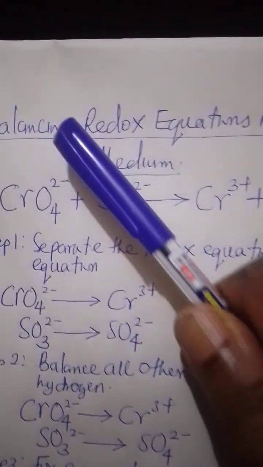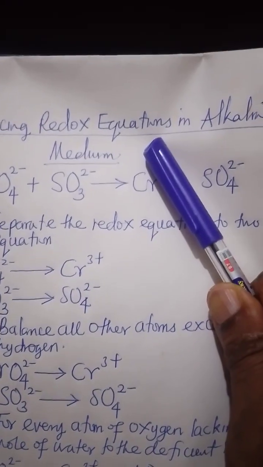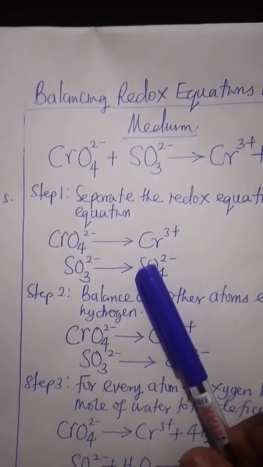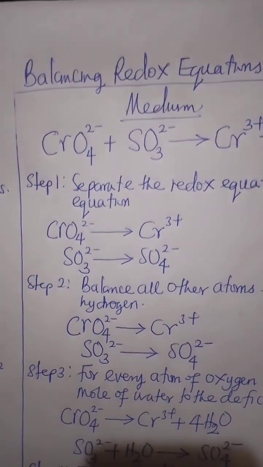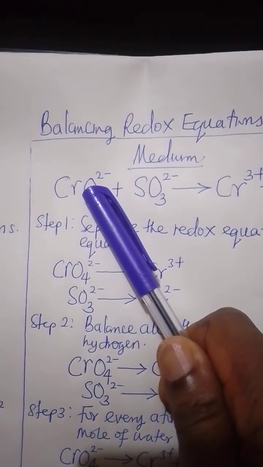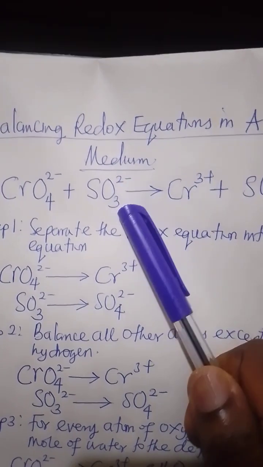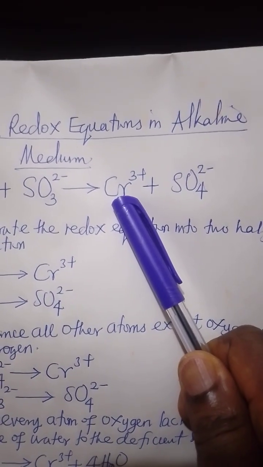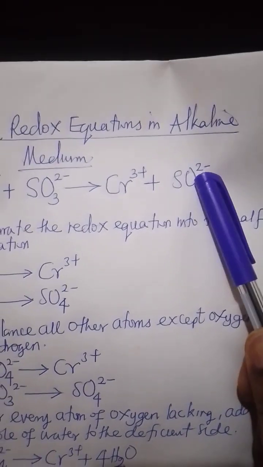The topic again is balancing redox equations in alkaline medium. The redox equation before us to be balanced is CrO4 2- (tetraoxochromate(VI) ion) plus SO3 2- (trioxosulfate(IV) ion), giving chromium(III) ion plus tetraoxosulfate(VI) ion.